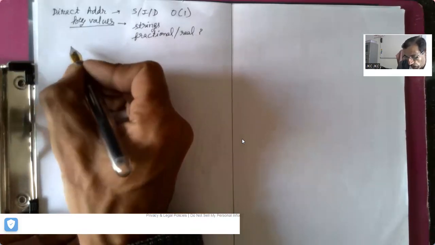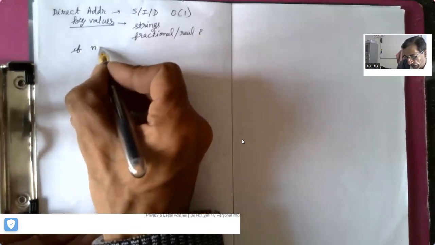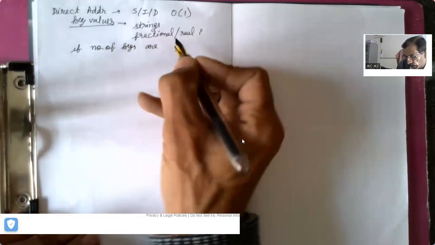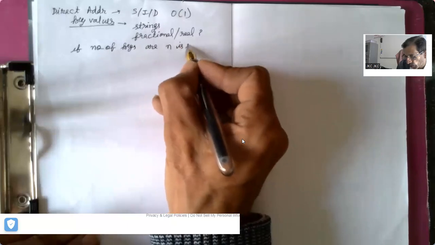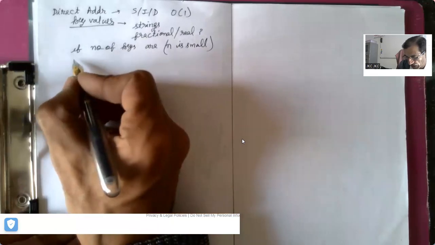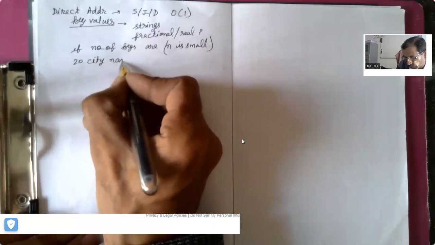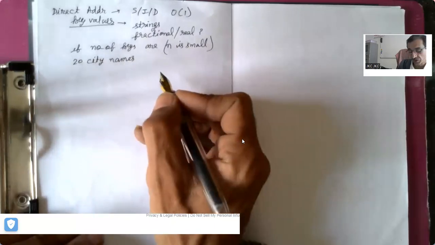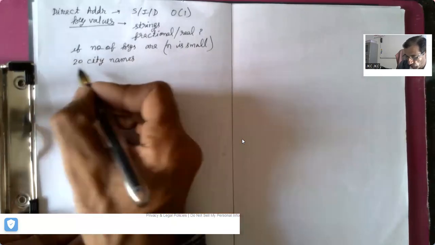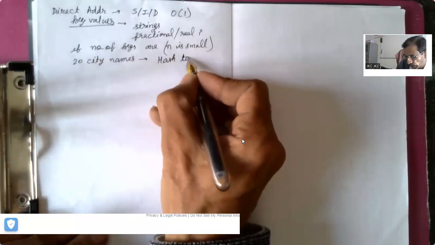One thing can be that if the number of key values is very small, for example n is small, even if there are lots of strings. For example, I have only 20 city names and through those I want to store certain information, but because city names cannot become an index, one solution can be to maintain something known as a hash table.